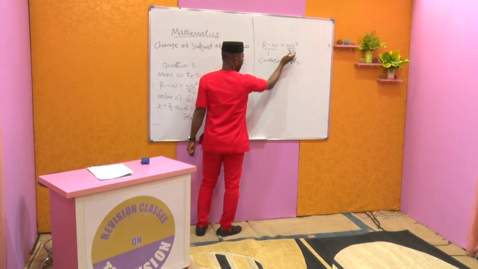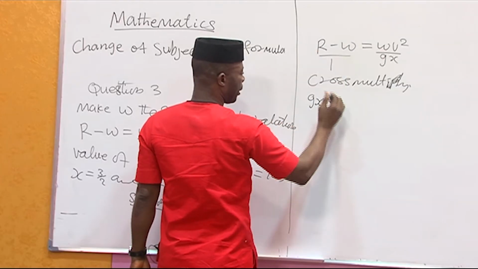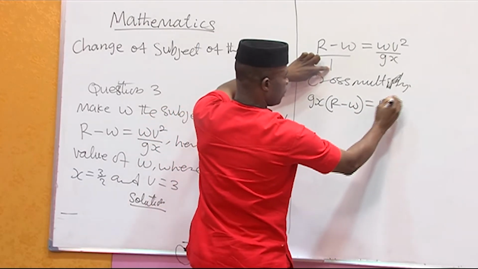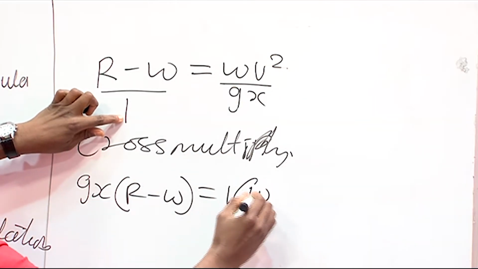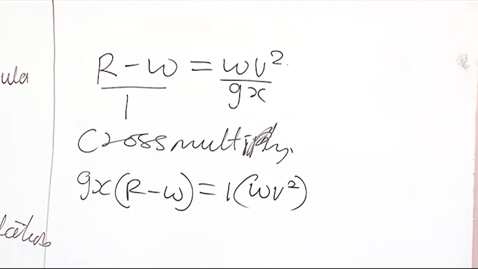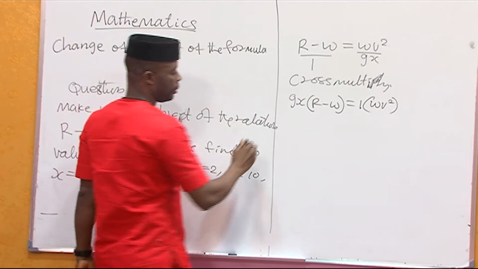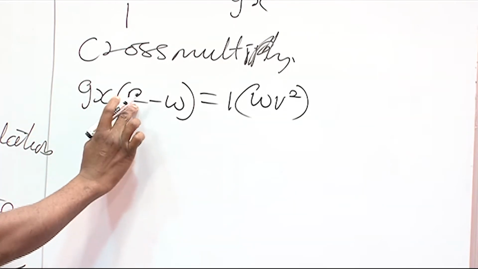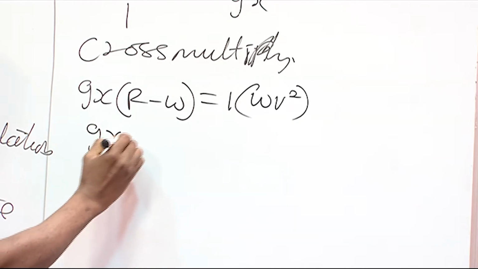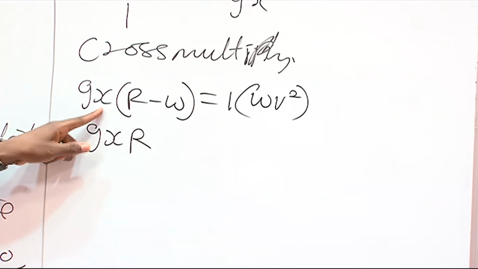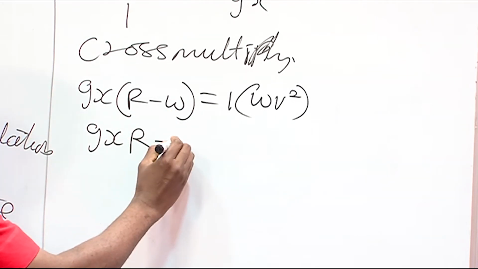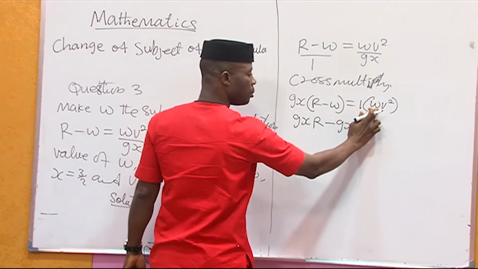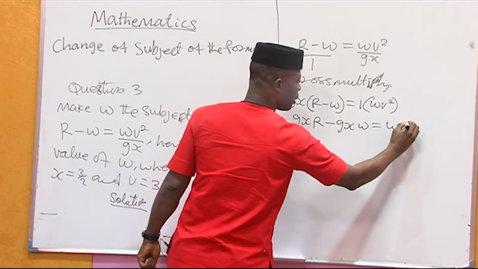We use GS bracket R minus W equals to, we use 1 to multiply WV square. We open the bracket by GS times R, GSR, GS times W, we have minus GSW equals to 1 times WV square is WV square.